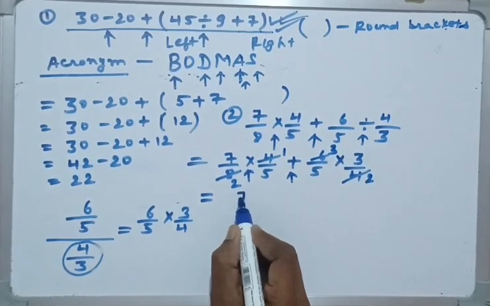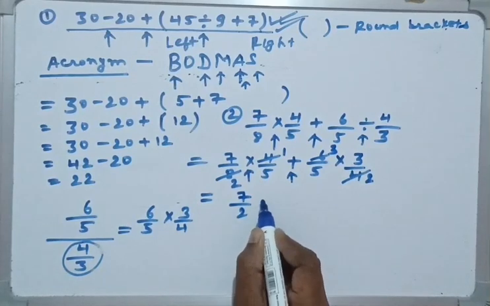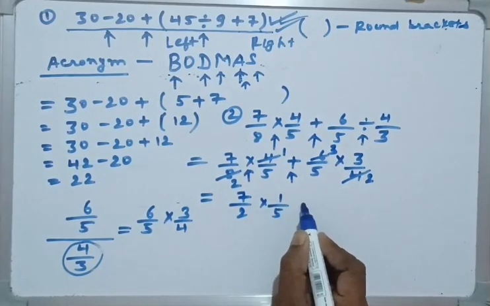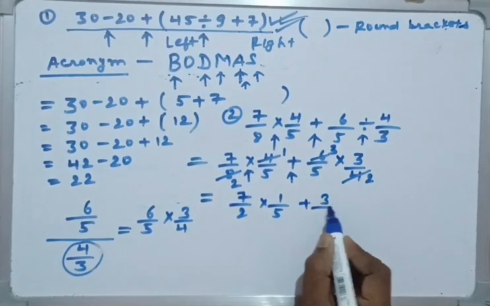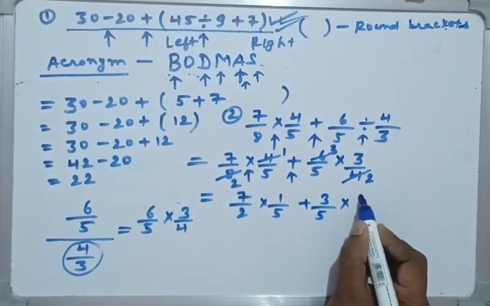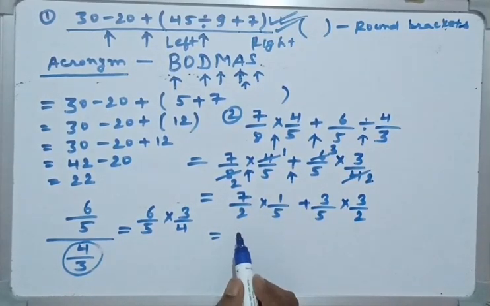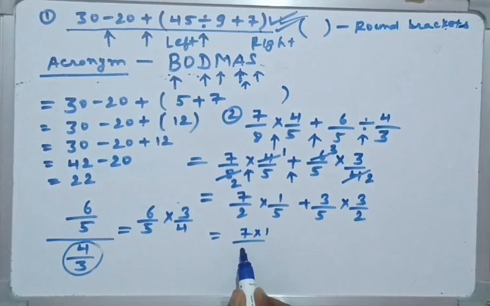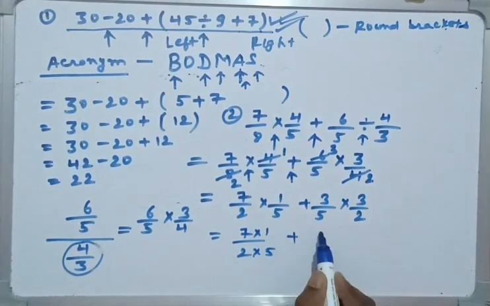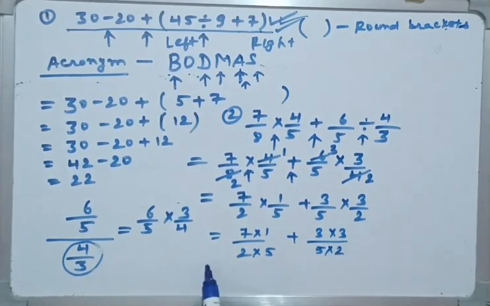So you can rewrite it as 7 by 2 multiplication 1 by 5, then addition sign 3 by 5 multiplication 3 by 2. When you solve this, you can write 7 into 1, 2 into 5, then make addition 3 into 3 of 5 into 2. So this becomes 7 by 10 plus 9 by 10.